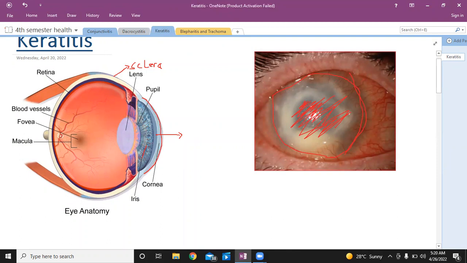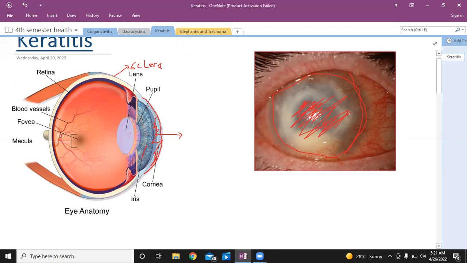The back of the eyes, this portion or this portion, will all be healthy, but there is opacity here, so that is why you are going to have blurred vision.